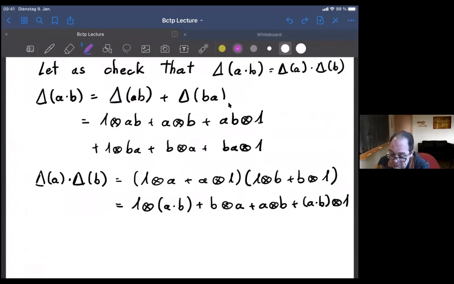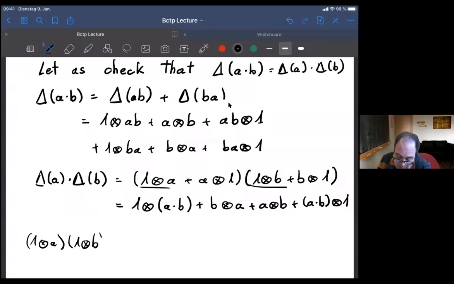And to see what's going on, let's remember that multiplication is component-wise. So for example, if I just use distribution, I would get this term times that term, I get 1a, 1b. It's component-wise, so this is 1ab, which is this term here.